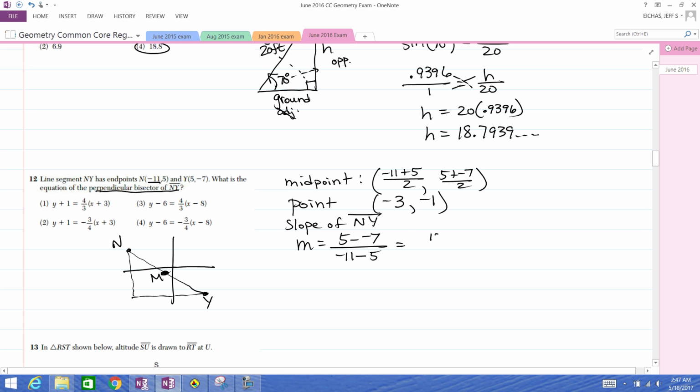Looks like 12 over -16. I like to bring the negative up top, which you'll see in a second here, but let's take out a 4. So I got a negative 3/4. Now to get a perpendicular line, the slope will have to be the negative reciprocal of that. So flip it and change the sign.